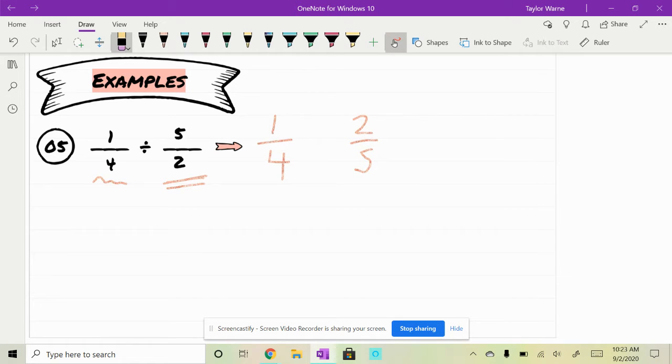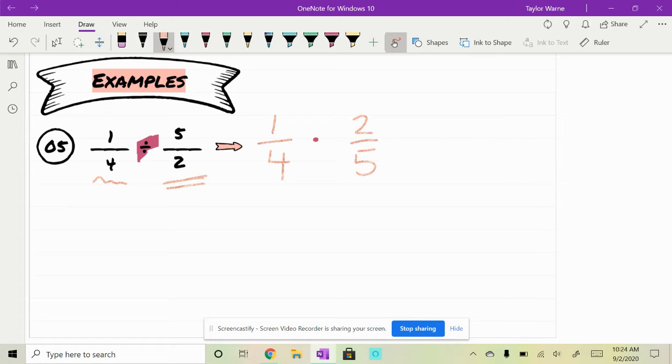That's a very ugly 5. I'm going to fix that. Okay, and then lastly, we need to change our division to multiplication. Okay, and now you just apply your rules for multiplication. So you could see if there's any cross canceling that can be done, or you can see if you can simplify.